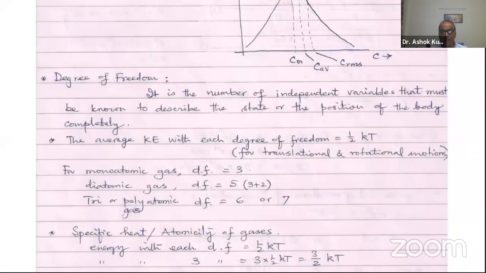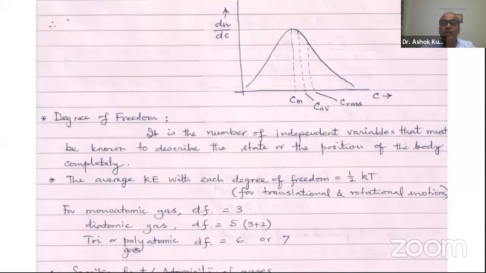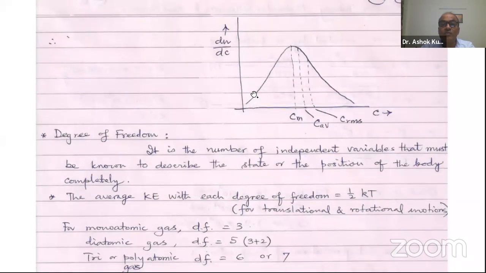Try to understand, it is hardly possible that the molecules are moving along the XYZ direction. Never. It is moving along any arbitrary direction. Suppose the molecule is moving like this, from here, there is one straight line. That's all. Its direction is in 3 dimensions along any one direction.